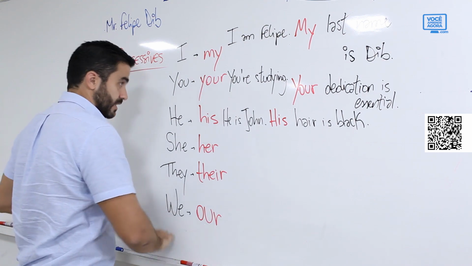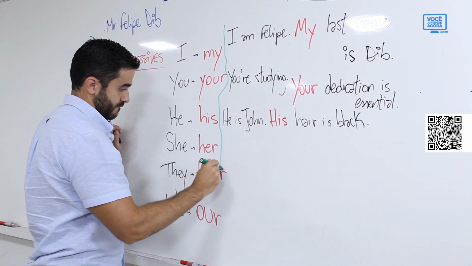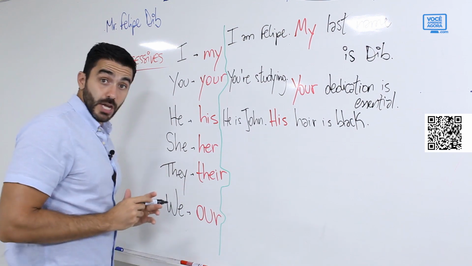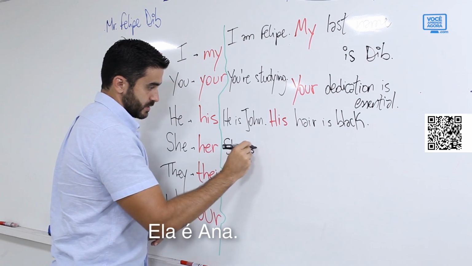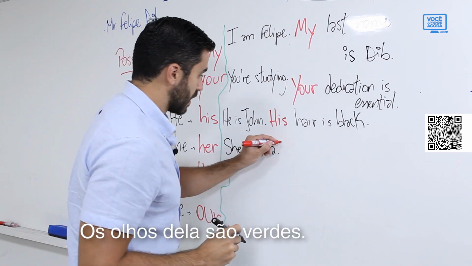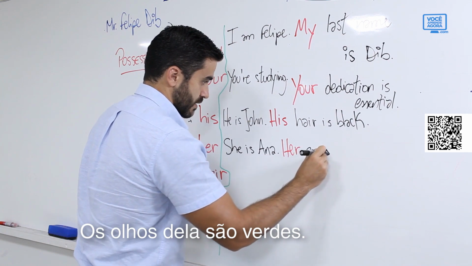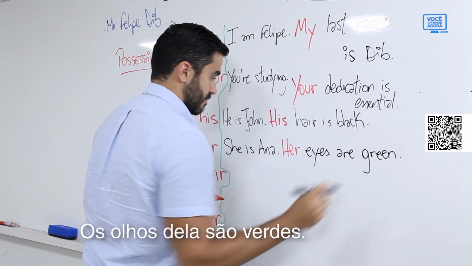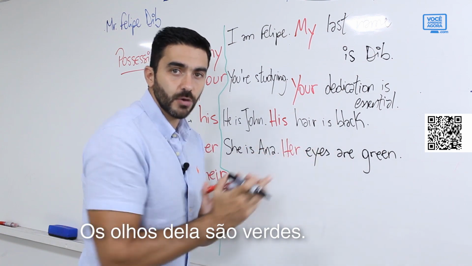Let me separate here then. She. She is Anna. Her eyes are green. She's Anna. Her eyes are green.